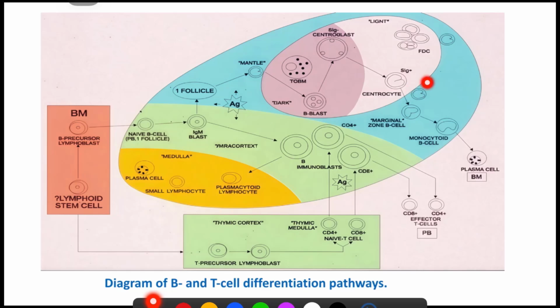So either they live in the mantle or they go to the marginal zone. Now from this they convert into monocytoid cells, and finally they can be converted into plasma blasts and plasma cells that ultimately migrate into the medullary area, right?